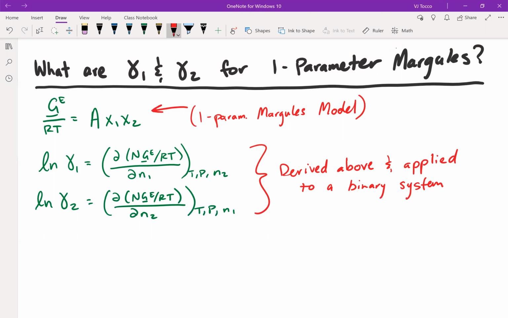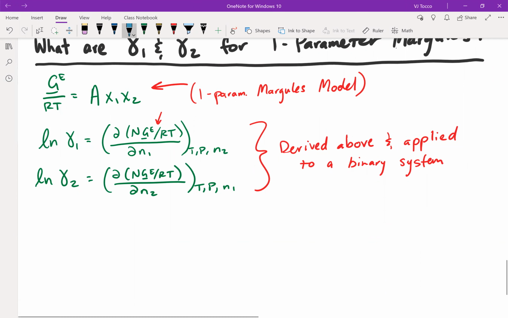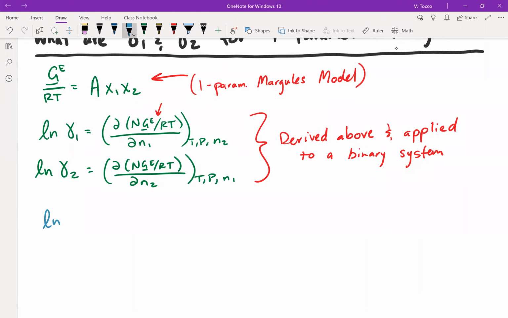All right, so now let's look at what happens here. I'm going to plug in for this term, A x1 x2. So let's do that in light blue. ln gamma 1 is equal to the derivative of N times A x1 x2 over, with respect to n1 at constant T, P, and n2.